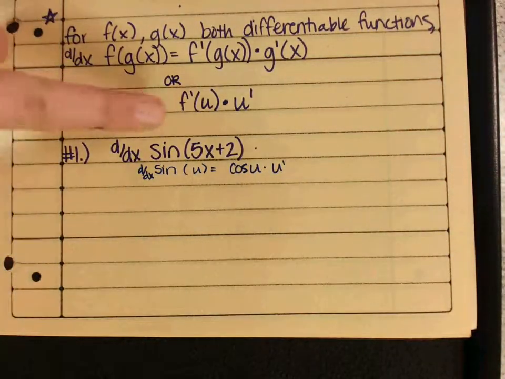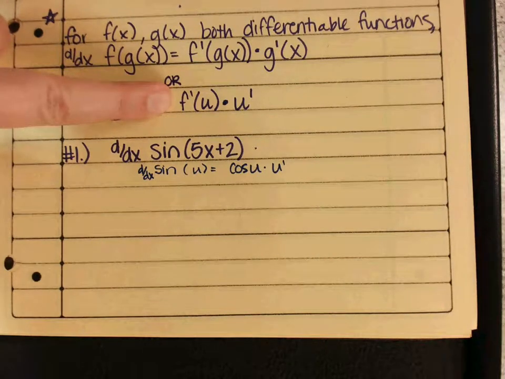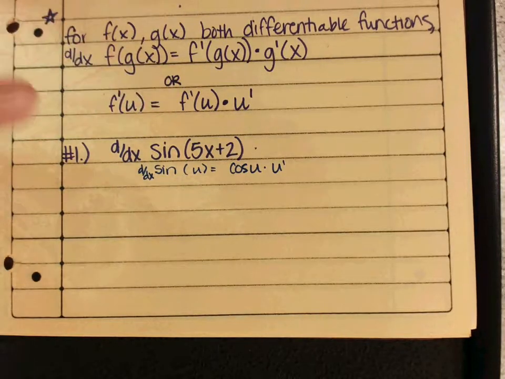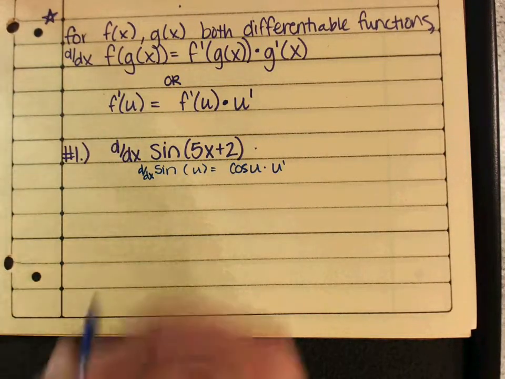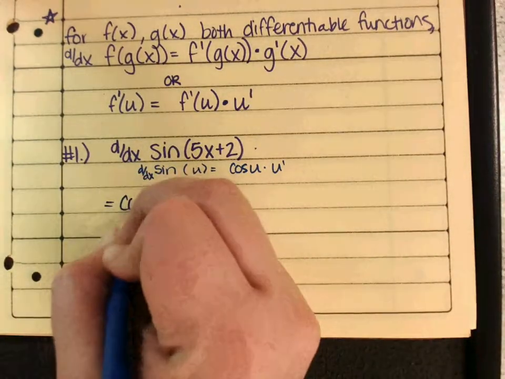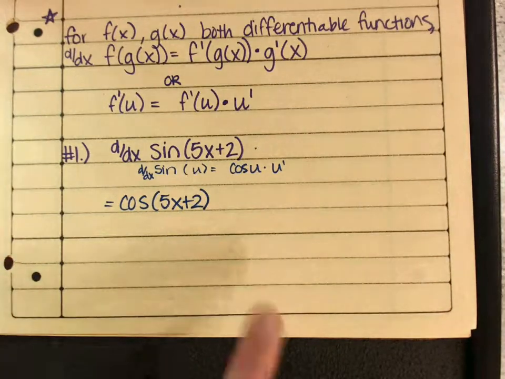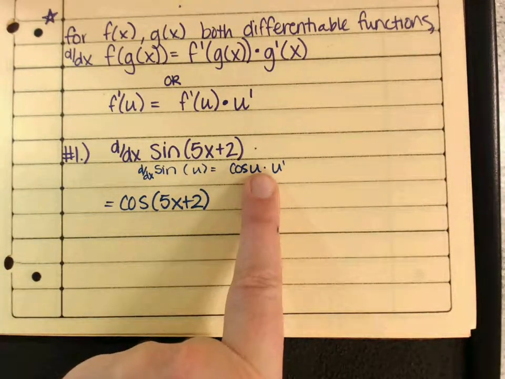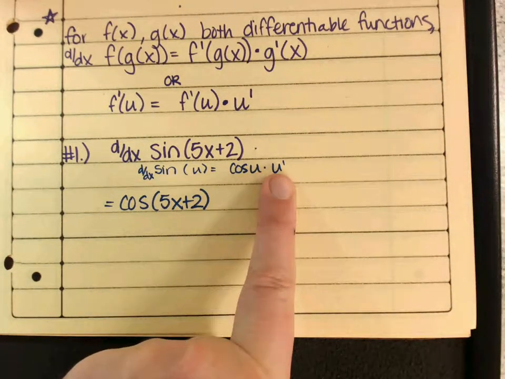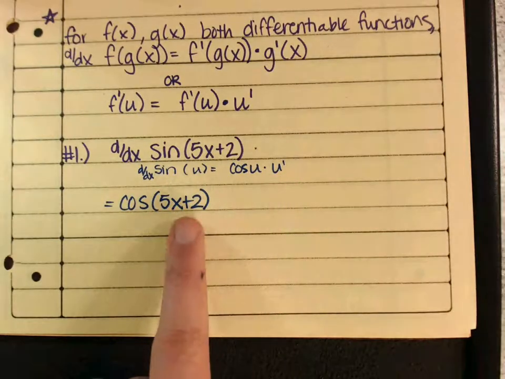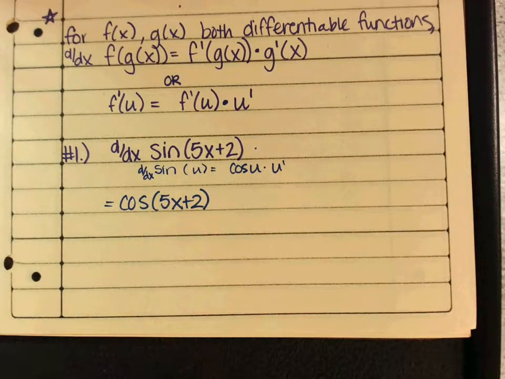That's my rule. For f prime, I take the derivative of the first function, but then I multiply by the derivative of the middle function. So the derivative of sine is cosine. Notice that in my cosine, u stays the same. But then I multiply by u prime. What would the derivative of 5x plus 2 be?